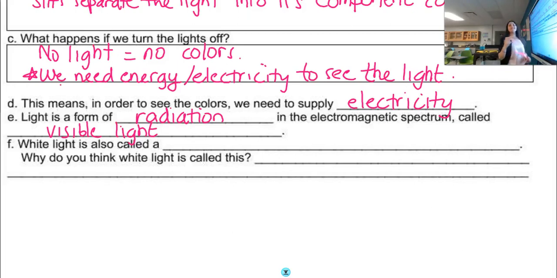White light is also called a continuous spectrum. And there's a reason why. Why do you think it's called continuous? What does continuous mean? Yep, it doesn't stop. It keeps on going because we actually see every single color in the rainbow. That's why they call it continuous.